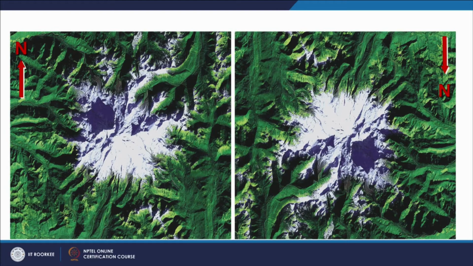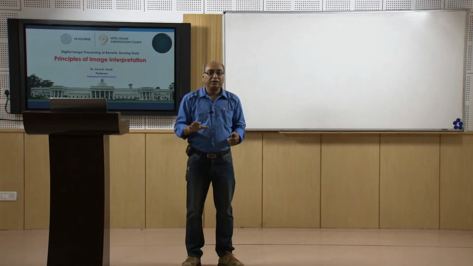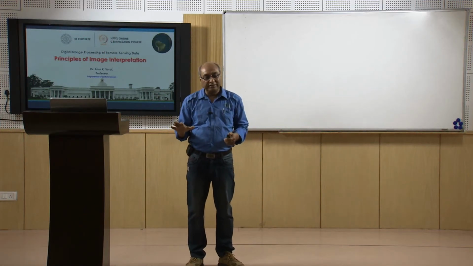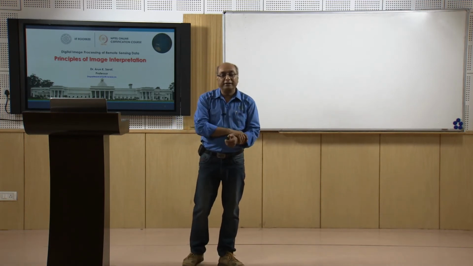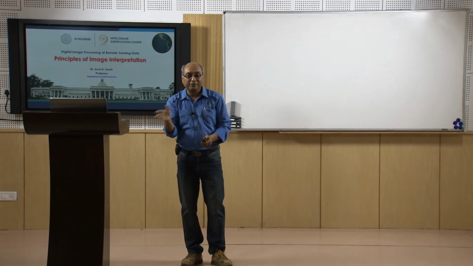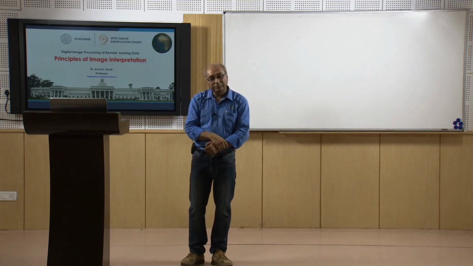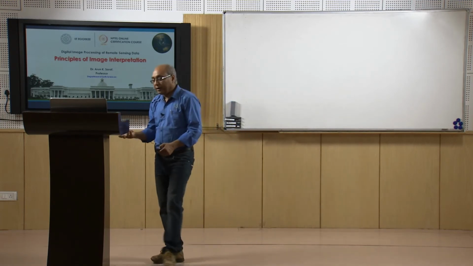There is no change, no manipulation, no image processing techniques employed here, I just physically rotated the image by 180 degrees, or here digitally rotated the image. And now we are seeing incorrect perception.